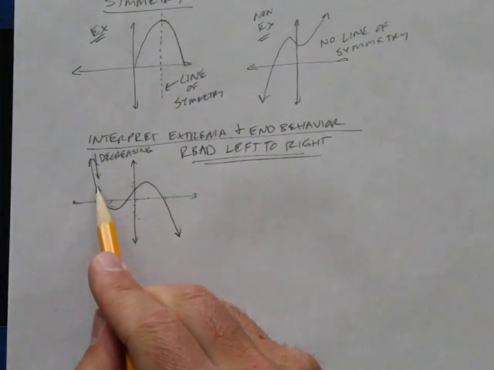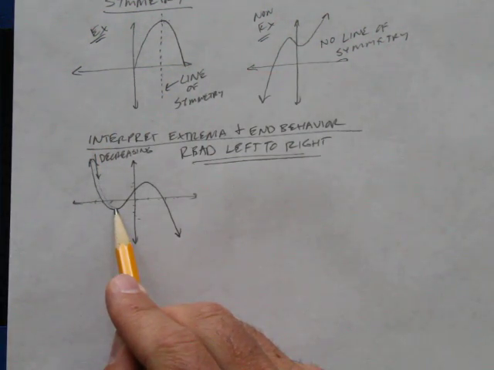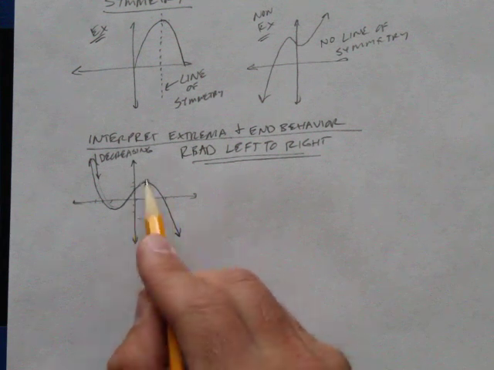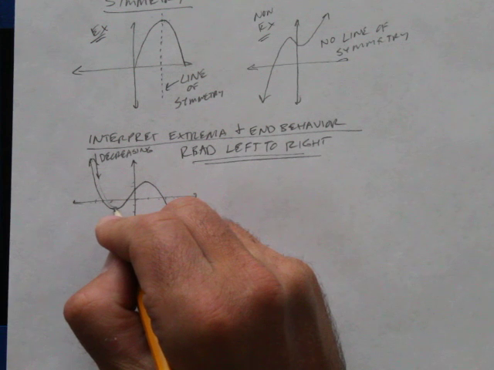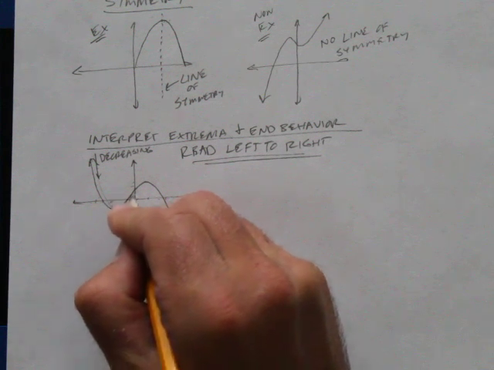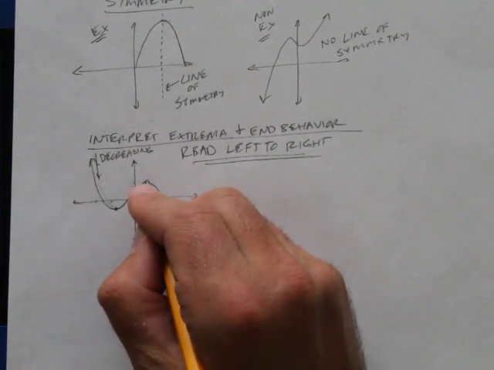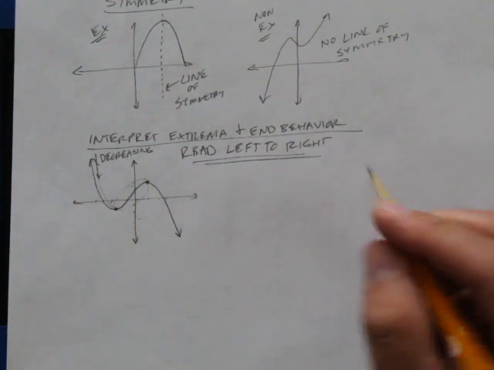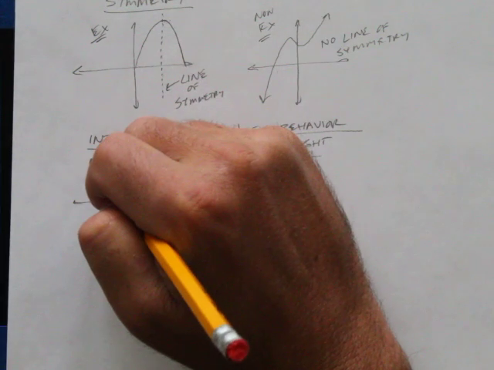Left to right, so I go down, and then right here I stop decreasing and I start increasing. So here's where I stop right here at the bottom and start going back up. Here's where I stop and start going back down. So this section right here, I am increasing.